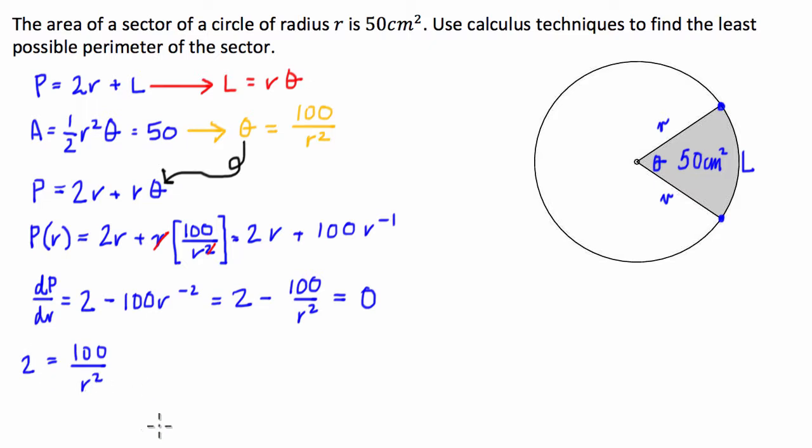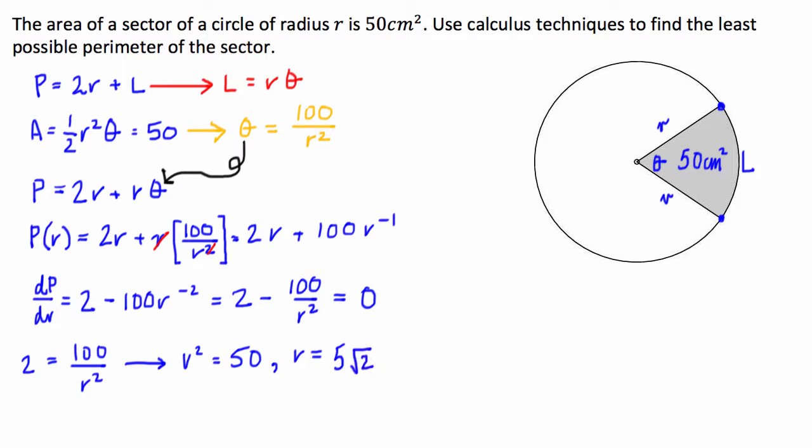I multiply both sides by r squared and then divide both sides by 2, and I get r squared is equal to 50, which means that r is the square root of 50, or 5 times the square root of 2.